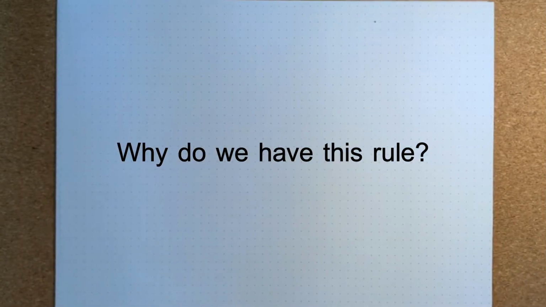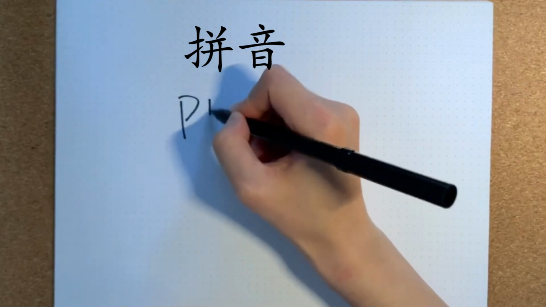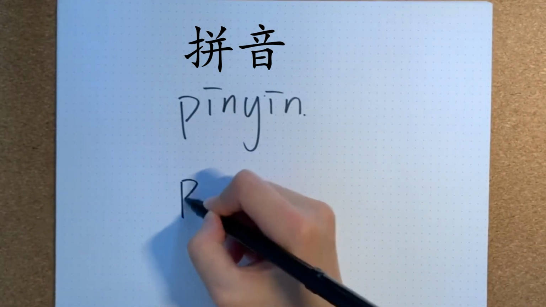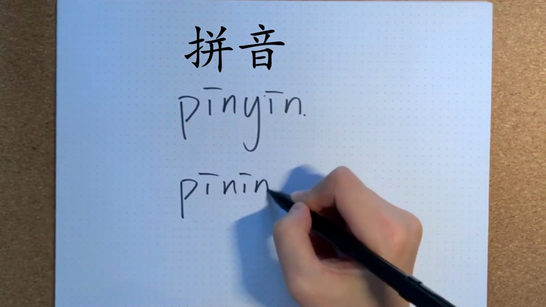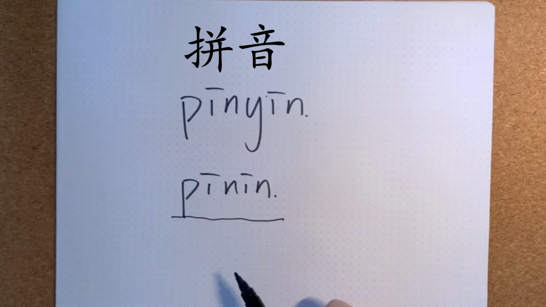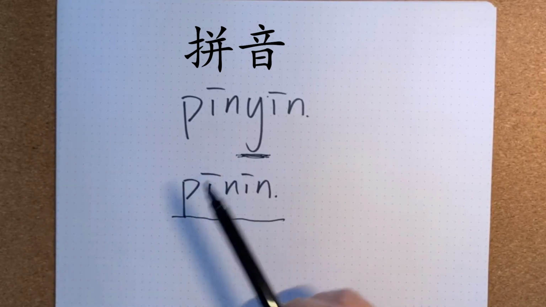The reason we have this rule is pretty easy to understand. For example, we do know that Pinyin is spelled as Pinyin. Without this rule, it would be pinin. It's very difficult to separate it as two syllables. That's why we need this letter Y as a separator between syllables.